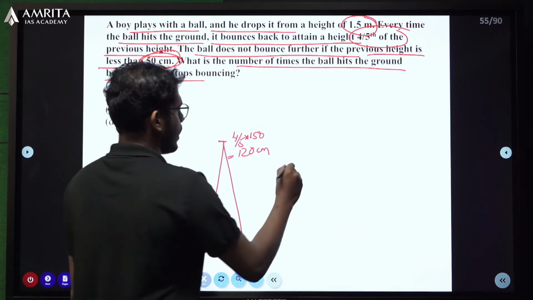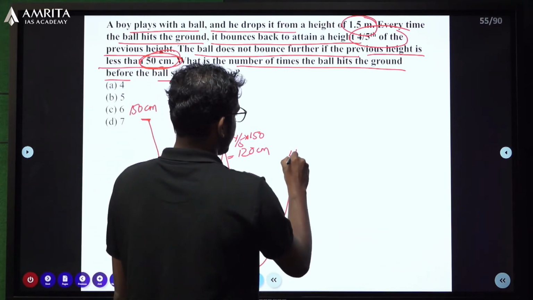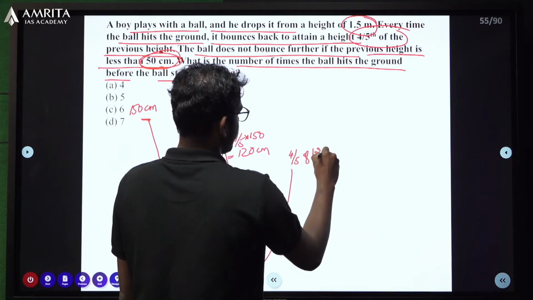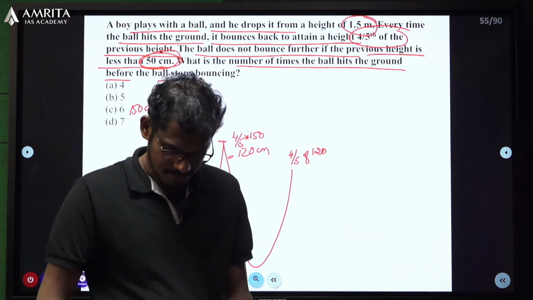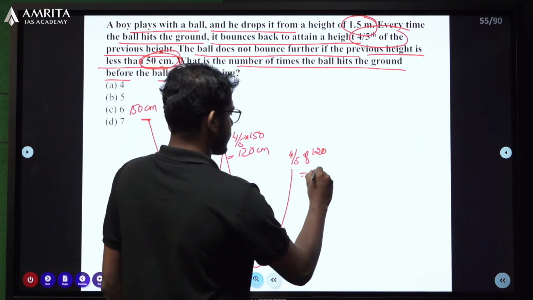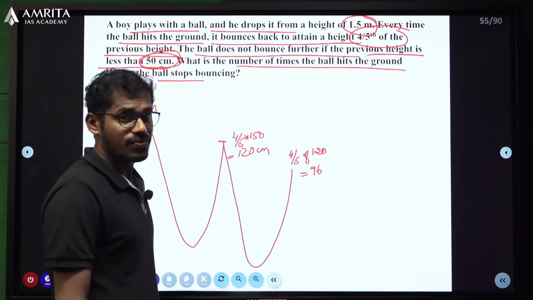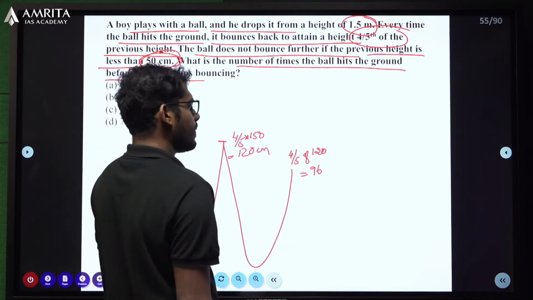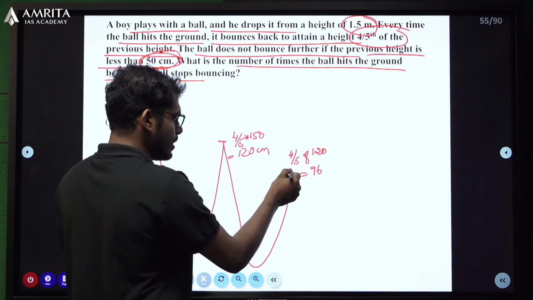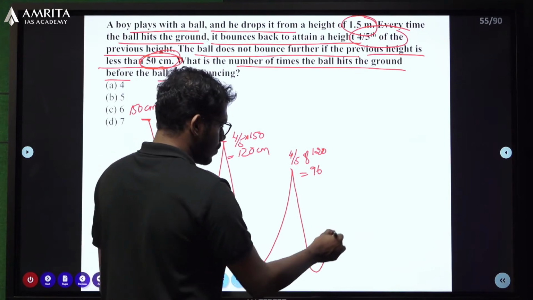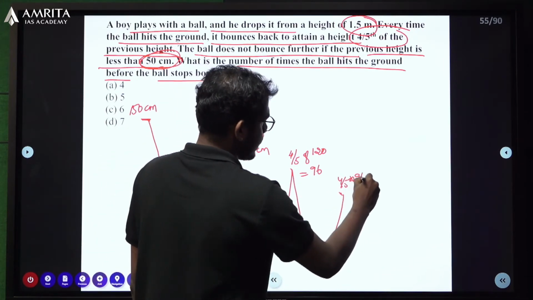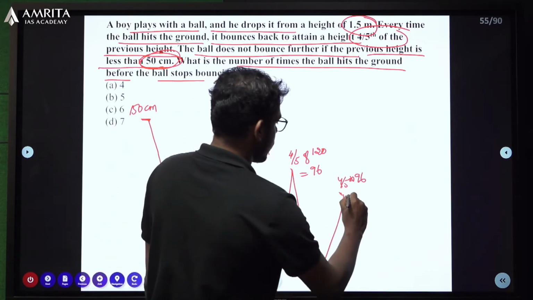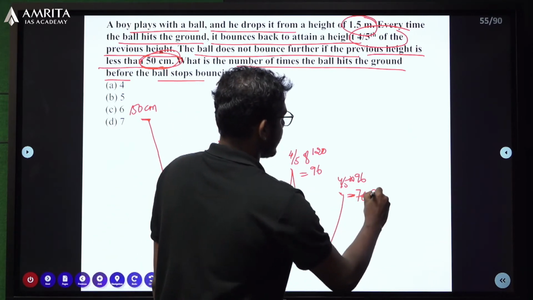back and attain a height of 4/5 of 120. 4/5 of 120 is 96. It attained a height of 96, which is not less than 50. So it will go down again and attain a height of 4/5 of 96, which is around 76.8.